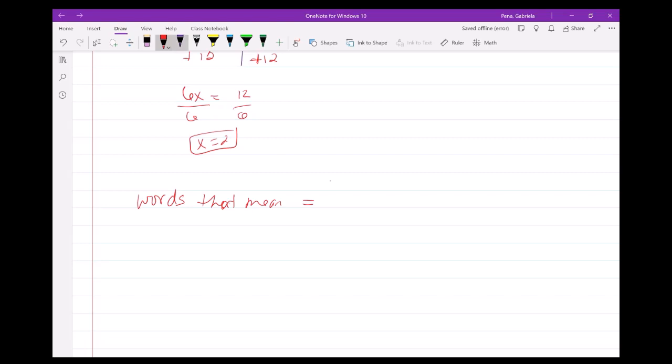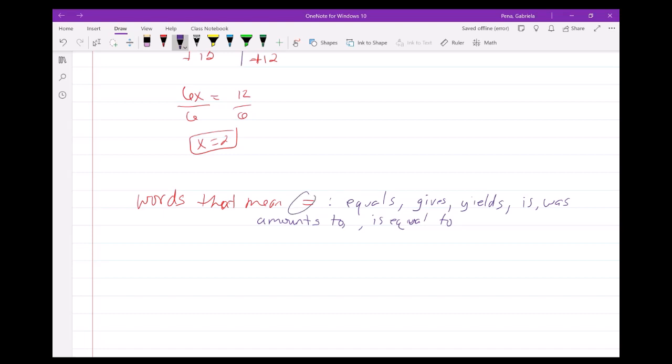So the words that mean equal would be equals, gives, yields, is, was, amounts to, is equal to. So all these words mean equal.